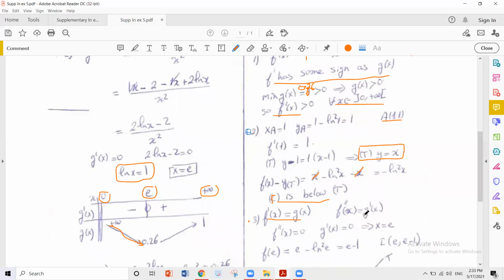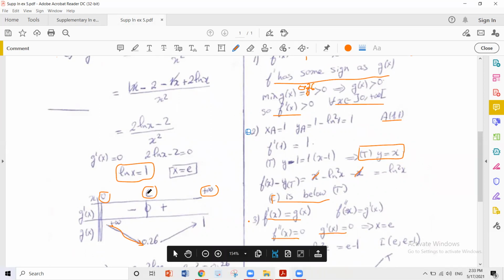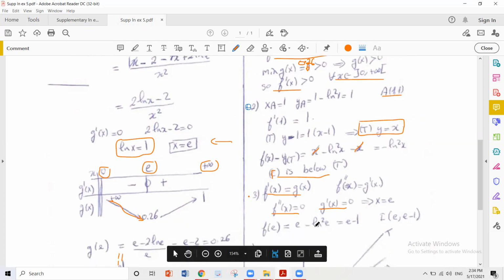So f double prime x equals g prime x. F double prime x equal to 0 means g prime x equal to 0, which gives x equal e. F of e equals e minus ln squared e, which equals e minus 1. Then I is (e, e minus 1).